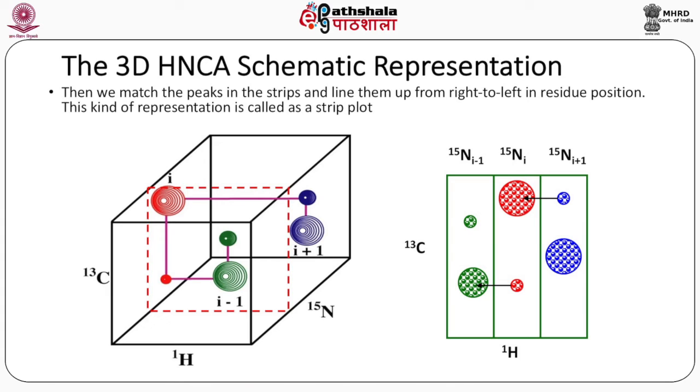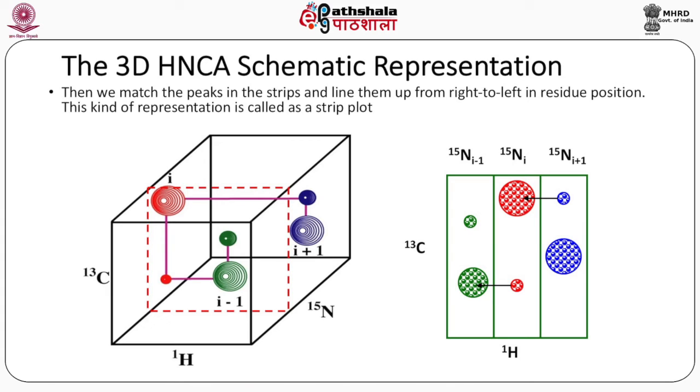the weak peak which comes from C alpha i, and then you have the next strip in which you have a red strong peak which comes from C alpha i, because this strip corresponds to Hi and N15 i, and then you have a weak peak which corresponds to Hi, N15 i and C13 alpha i minus 1.